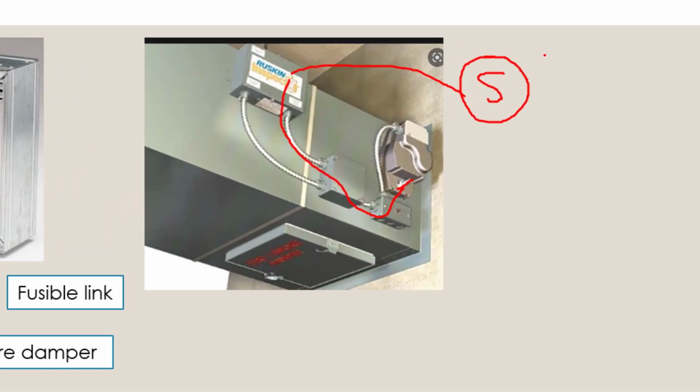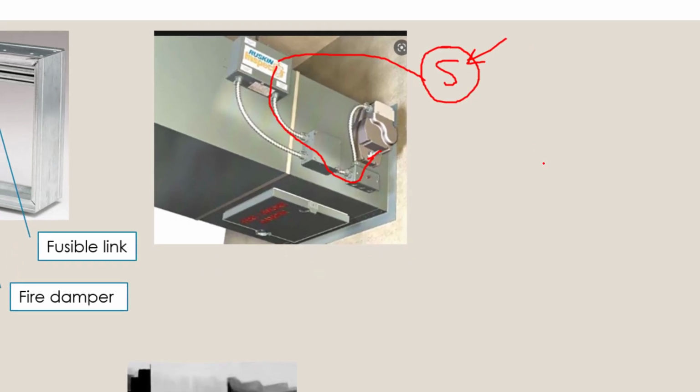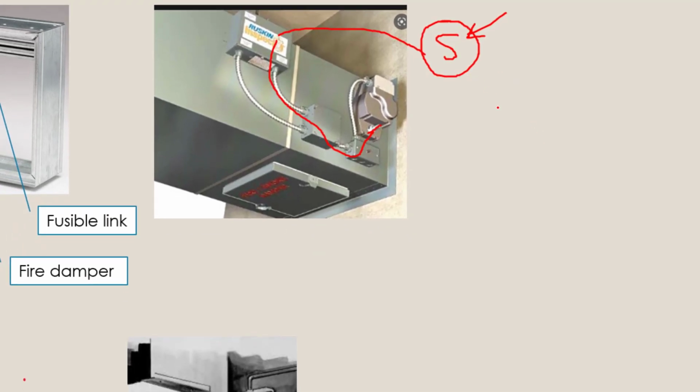This smoke detector can actually be a standalone system, or it could be part of a fire alarm system in the building. So that if the smoke detector goes off, it'll basically trigger the fire alarm system.